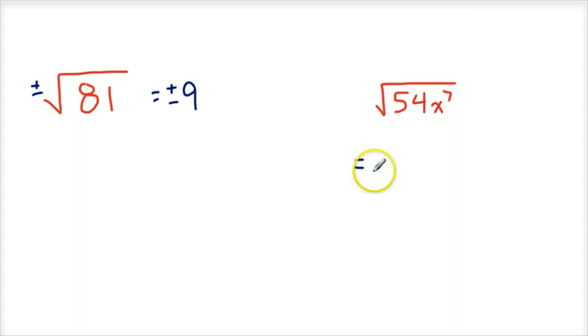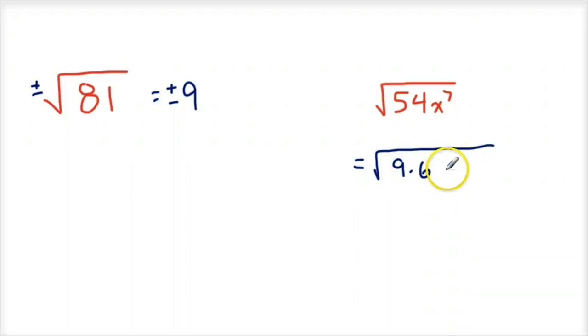So first of all, I'm going to try to rewrite this. So 54 is really 9 times 6. And then if you want to think of the x to the 7th, you can break that apart into how many x squareds go in there because we're taking the square root.